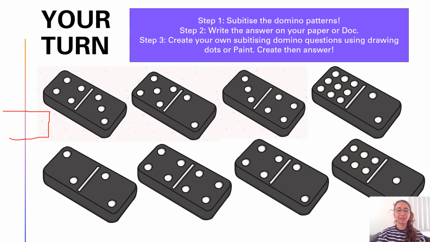You create a rectangle, put a line in the middle. I've got one already there for me, and then I might create my own domino here. There we go. I might even trick you and put the dots in different spots, and automatically in my beautiful domino that I created, I can see that I have a supersizing pattern of 3.